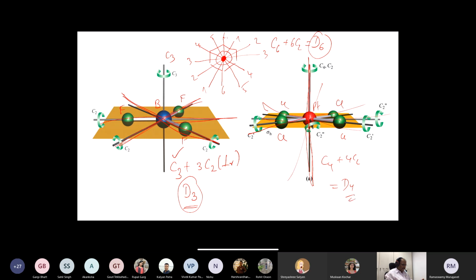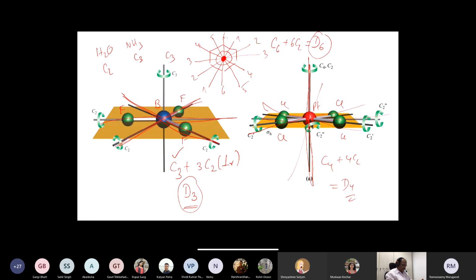There are molecules which have only the C axis but no D axis, meaning they do not have perpendicular C2 axes. We saw examples in the last class: water having only C2, ammonia having only C3. They do not have corresponding perpendicular C2s.